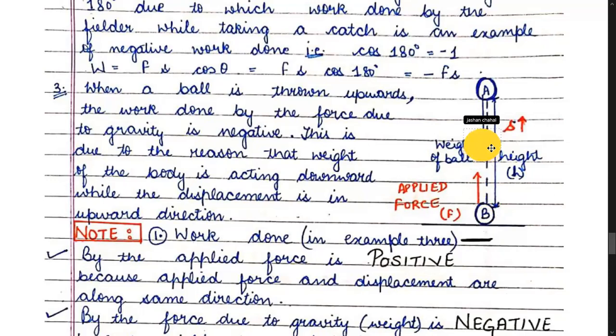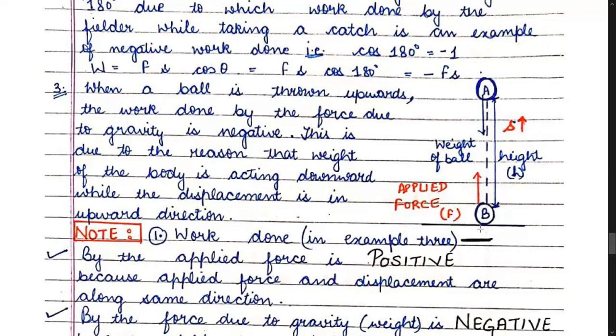So the displacement is in an upward direction. And see here, what we have done, we have applied force in the upward direction. Displacement is also in the upward direction. So the work done by the applied force is positive because the applied force and displacement are in the same direction.